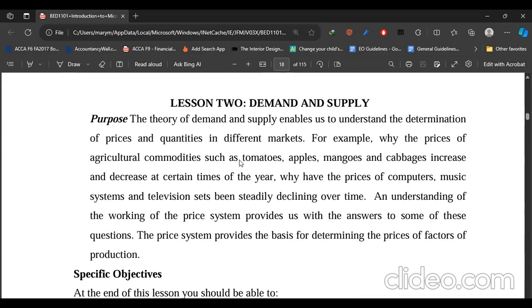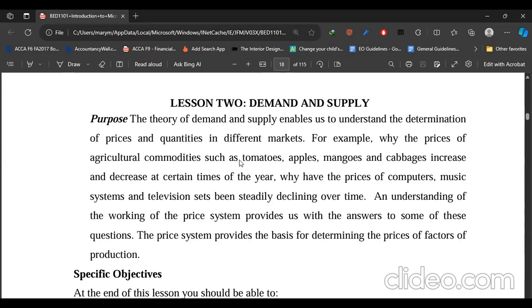Basically, increases in prices normally tend to be analyzed based on the availability of that commodity in the market. Those are the things which we need to understand very clearly. The theory of demand and supply enables us to understand the determination of prices and quantities in different markets, and that is why we are being given examples there.